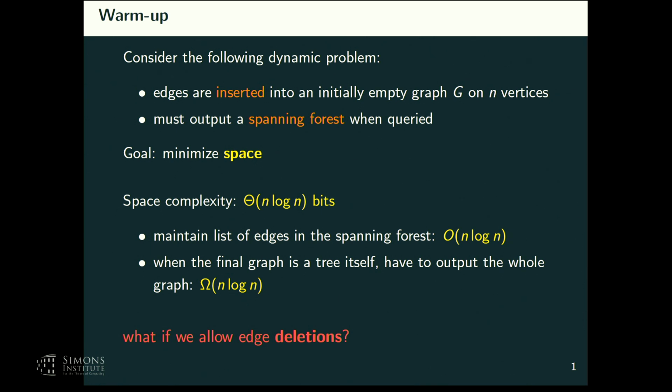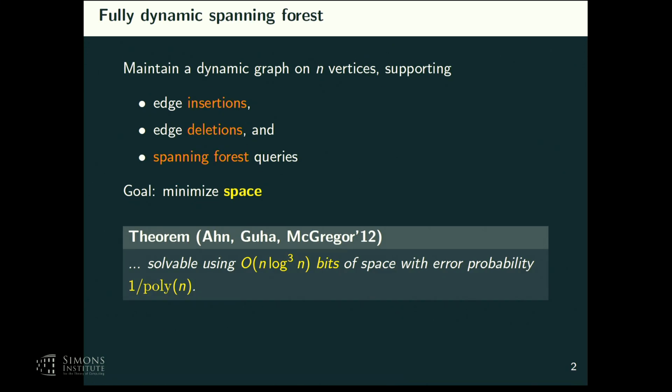If you do the calculation, even if I sample, for example, n to the 1.9 edges at the beginning, that's still not sufficient to guarantee a high probability of having a spanning forest stored in memory at the end. So this problem seems much harder, but it turns out that there is a very space-efficient solution if we allow randomization and a small error probability.